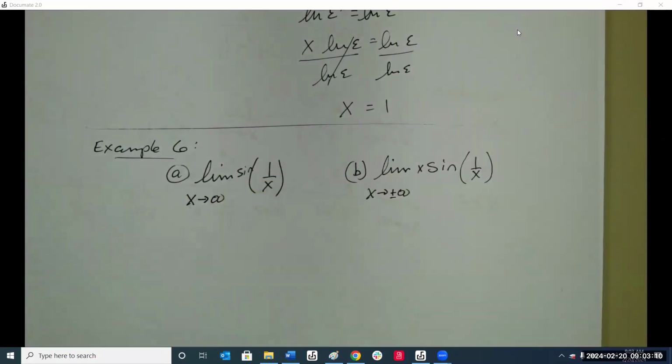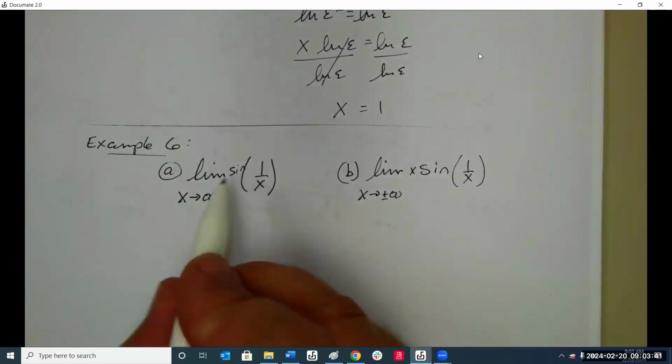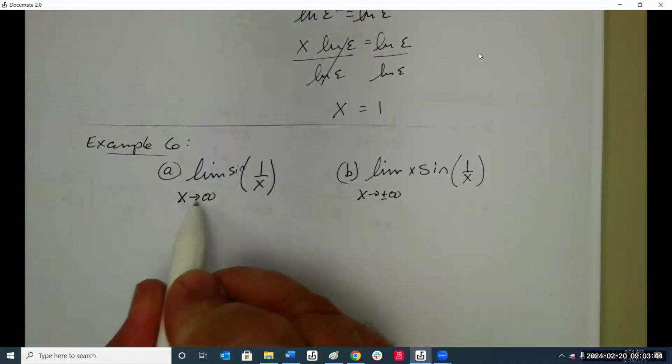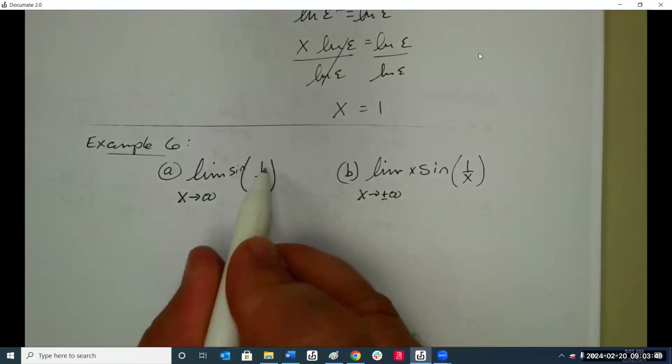So how are we going to approach this one? What would you think? The limits of sine are 1 and -1. Or 0? Actually, or it could be any value in between. Because it could be pi over 4, it could be pi over 8. A couple ways you can look at this. If we set x going to infinity, what happens to this value here? It goes to 0. What's the sine of 0?